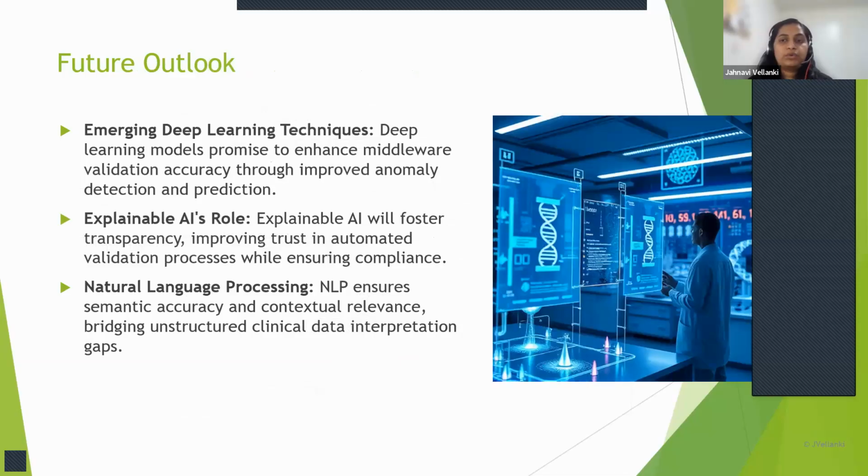Looking ahead with emerging technologies as deep learning techniques, explainable AI, natural language processing, the AI is holding a very promising future. The goal is not just for faster validation, but actually more transparent, trustworthy systems that can scale and adapt.